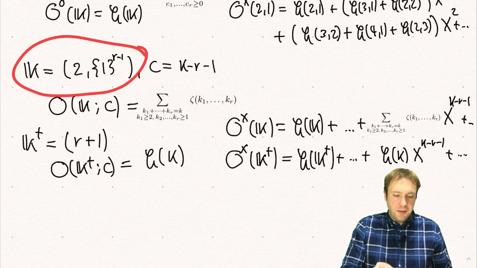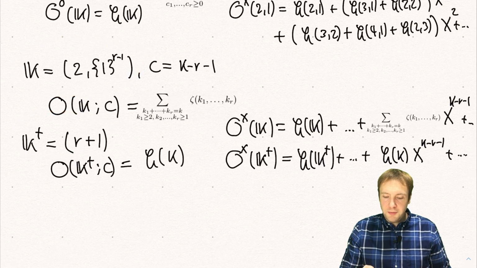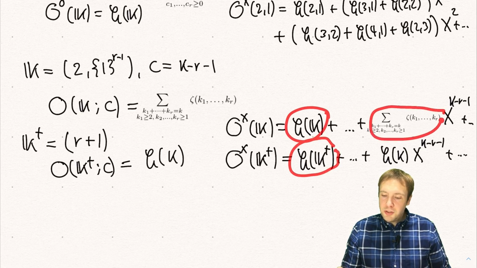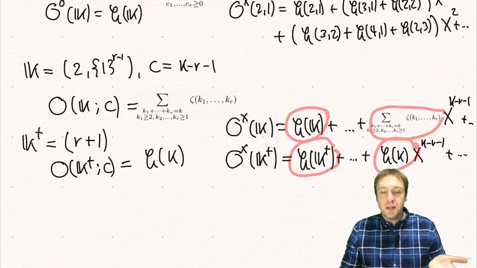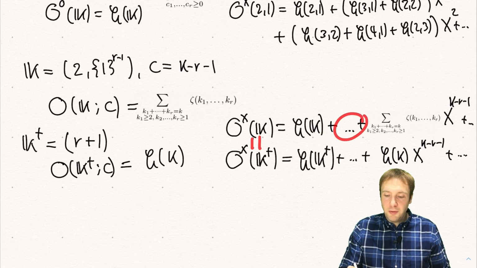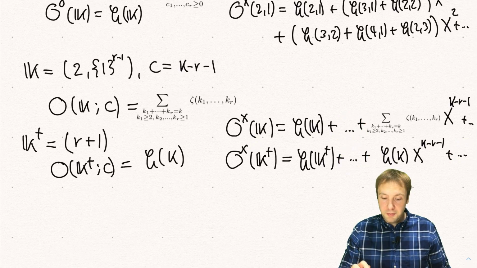So in this special case of this index, we see that the Ohno sum of this index k and the Ohno sum of this k dagger at least have the same constant term, because by duality we know that zeta k equals zeta k dagger, and they also have the same coefficient here by the sum formula. And the Ohno relation now states that this is the same, meaning that also all the other coefficients are the same.